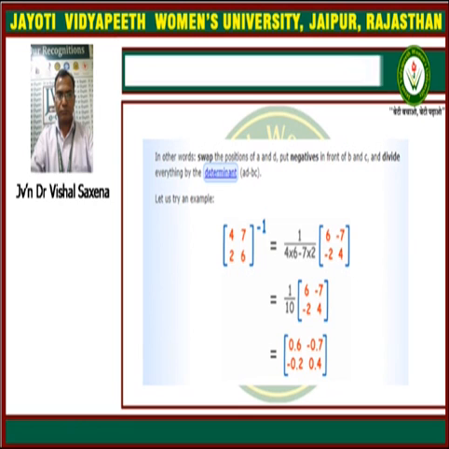The determinant of the matrix is 4 into 6 minus 7 into 2. So this is equal to 1 upon 10, and the matrix is 6, minus 7, minus 2 and 4.